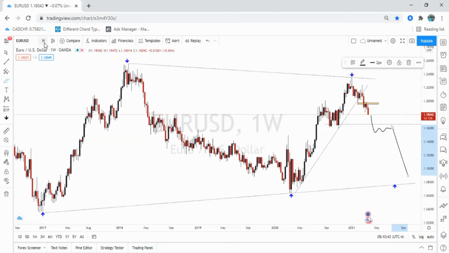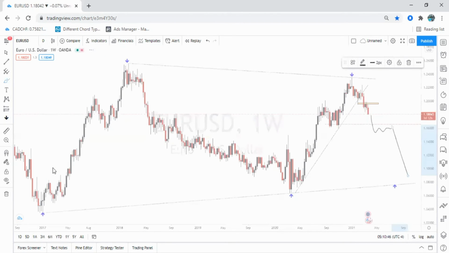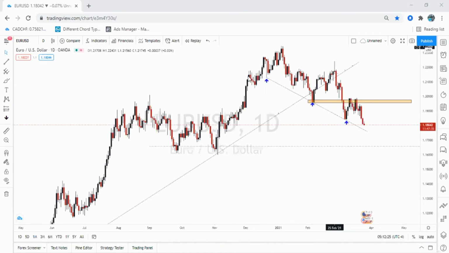So now let's get confirmation on our lower time frame. So yeah, assuming that that's what you saw, this could be another movement right here.